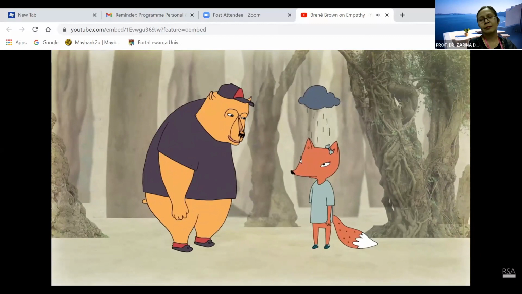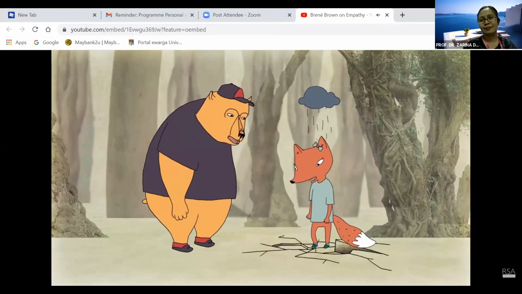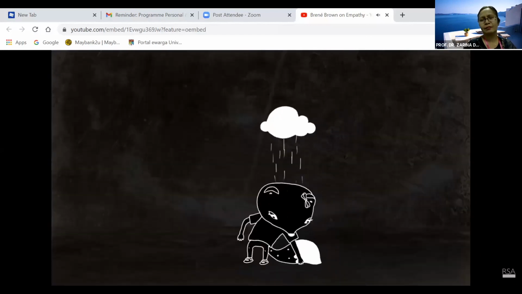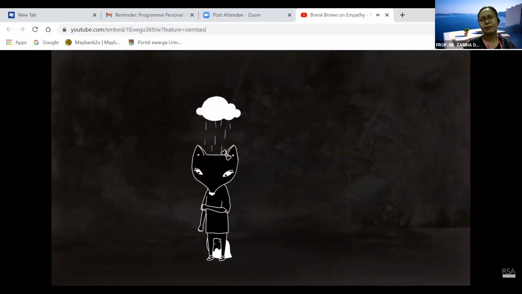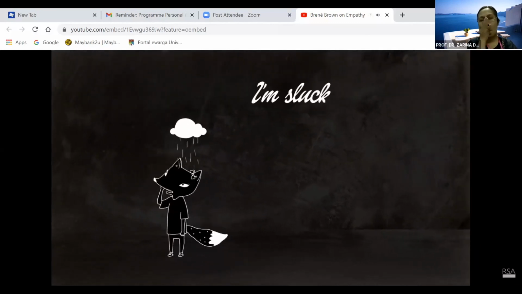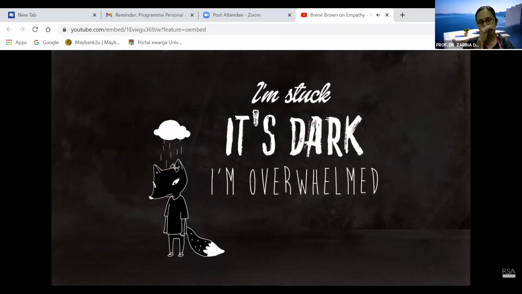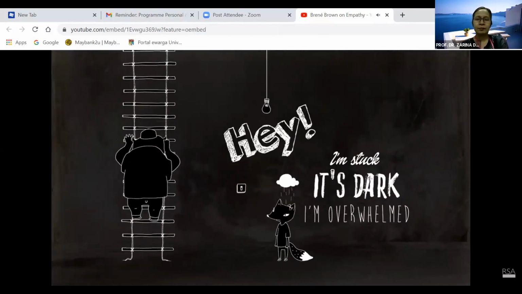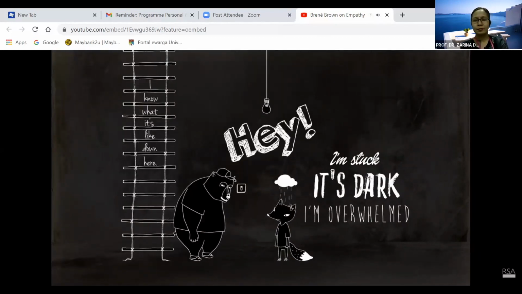Empathy is feeling with people. And to me, I always think of empathy as this kind of sacred space when someone's in a deep hole and they shout out from the bottom and they say, I'm stuck, it's dark, I'm overwhelmed. And then we look and we climb down and say, I know what it's like down here, and you're not alone.